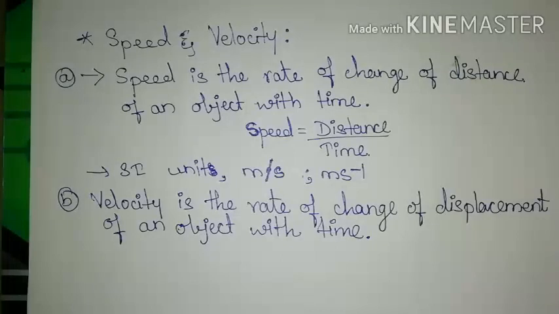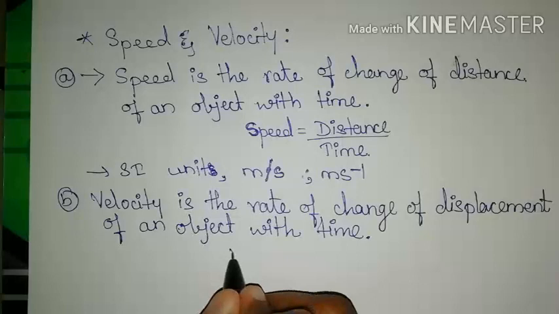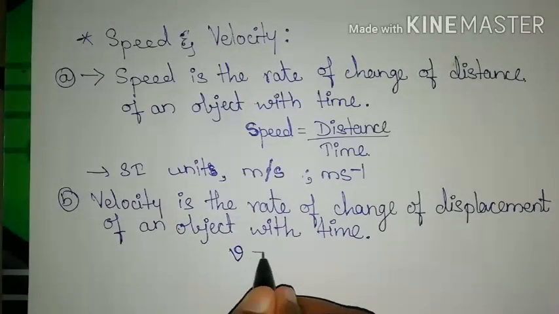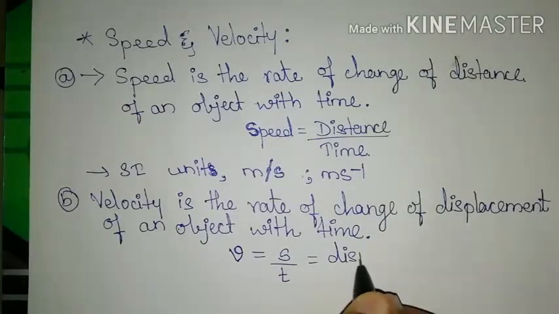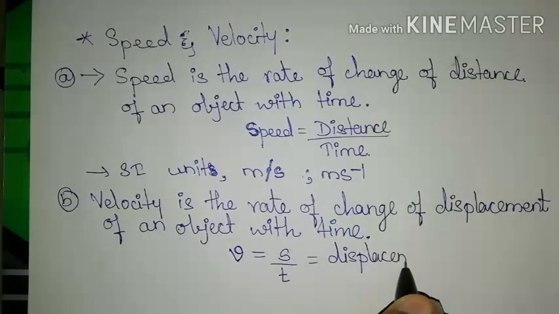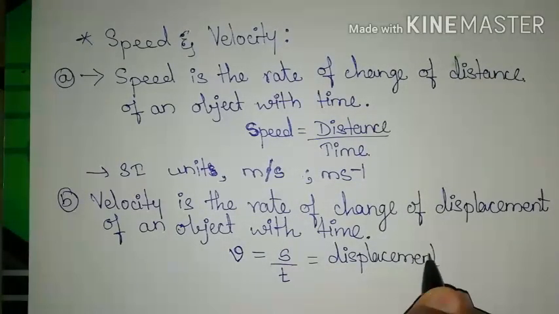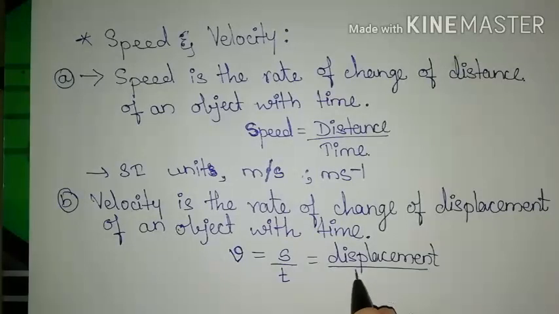In simpler words, it is the time rate of change of displacement. So when displacement changes with time, we talk about velocity and not speed. Velocity is denoted with a small letter v, which is equal to s by t, displacement by time, where time is denoted by small t.